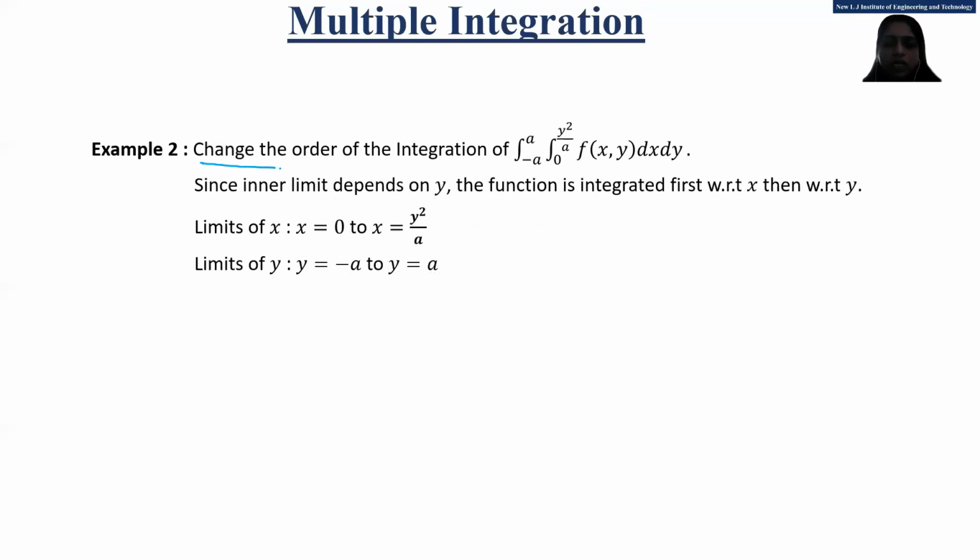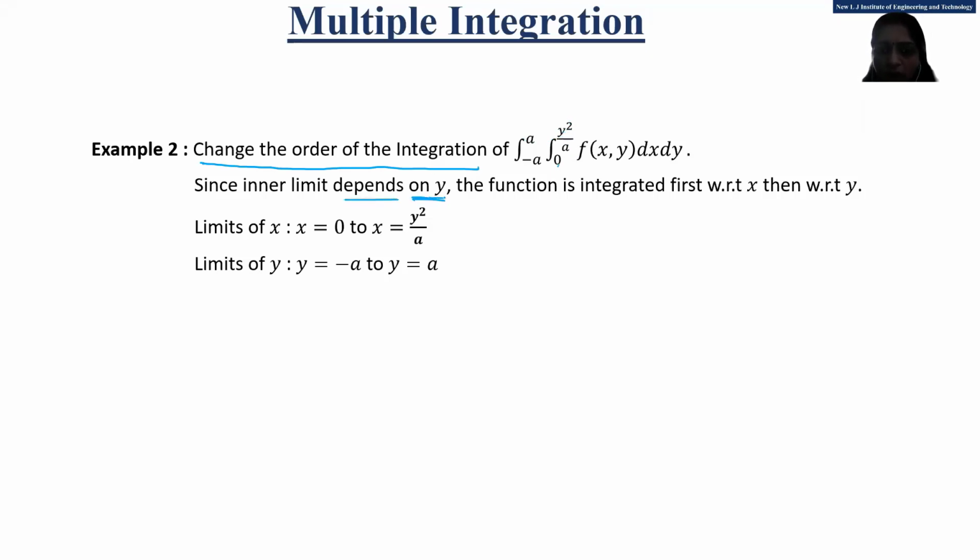Again, they ask to change the order of the integration. This is our given data. Let me tell what our inner limit is: 0 to y square by a. What does it mean? The inner limit depends on y. Listen carefully.